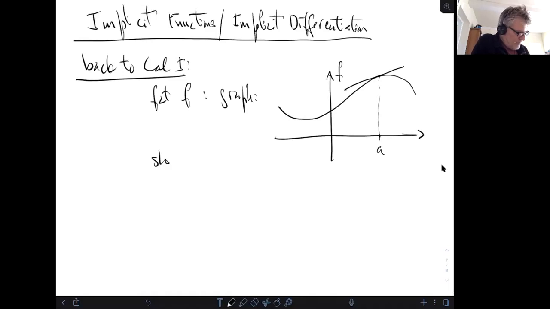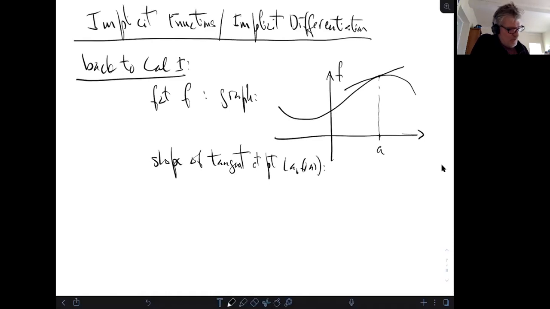So that's easy, right? The slope of the tangent at the point a, f of a. I compute the derivative and I evaluate at a. That's great. So I've got my slope of tangent this way.